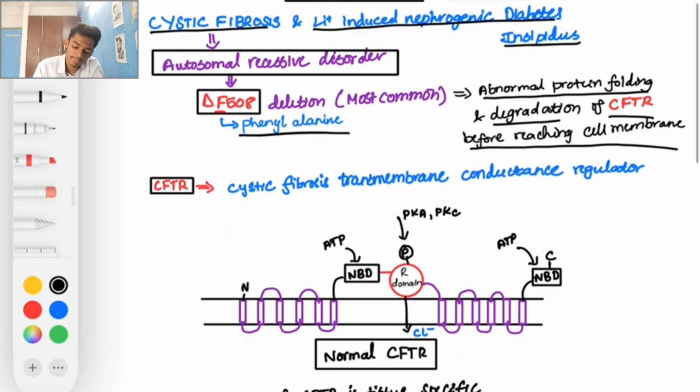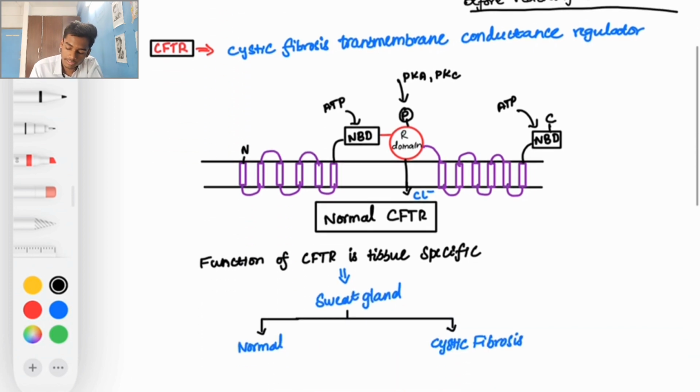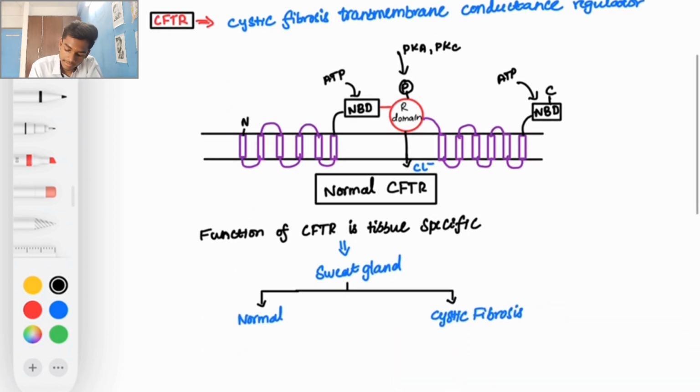What is CFTR? CFTR is cystic fibrosis transmembrane conductance regulator. This is the structure of normal CFTR. It has two transmembrane domains which have 6 alpha helices, and it has a nucleotide binding domain to which ATP binds and hydrolysis takes place, and there is a regulatory R domain.